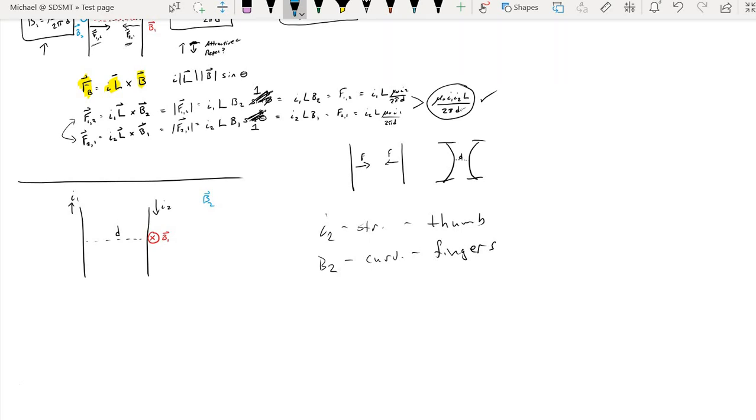So we're going to take our thumb pointed in the direction of I2. Field 2 is going to wrap around wire 2, and it's going to wrap around wire 2 in such a way that the field orbits this way.